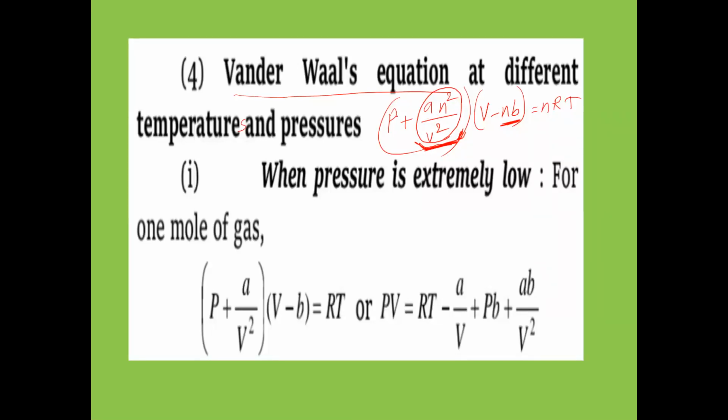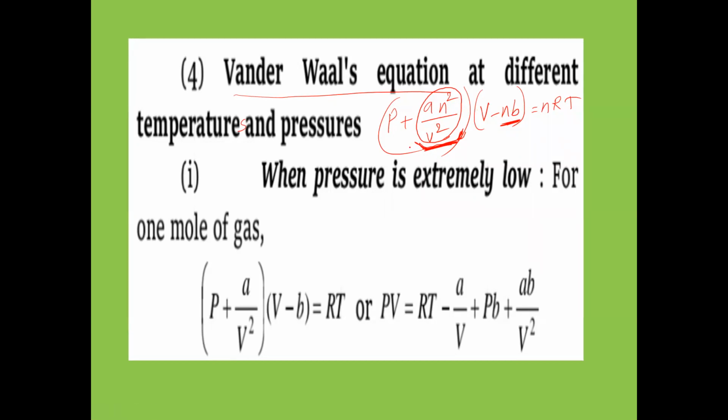So P plus An square by V square will be taken as only P if pressure correction is neglected, and V minus nB will be equal to V if volume correction is neglected.